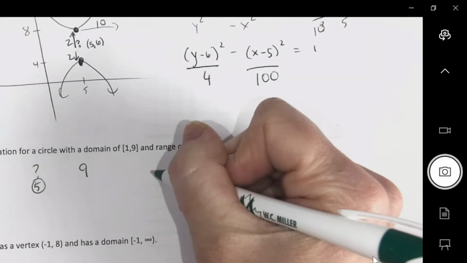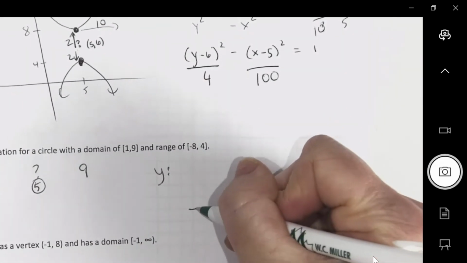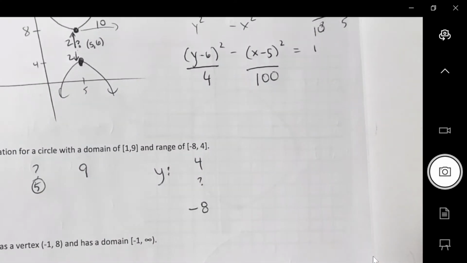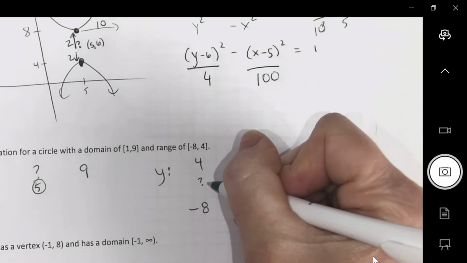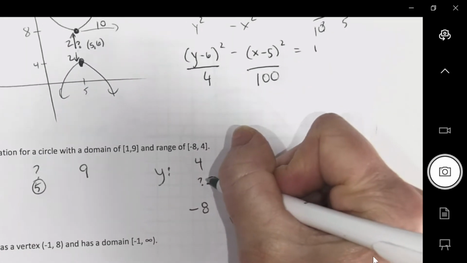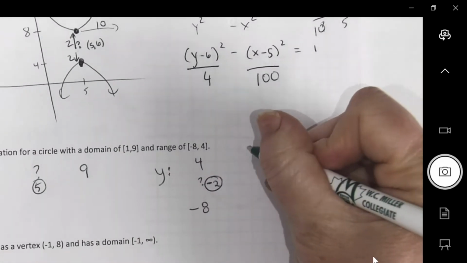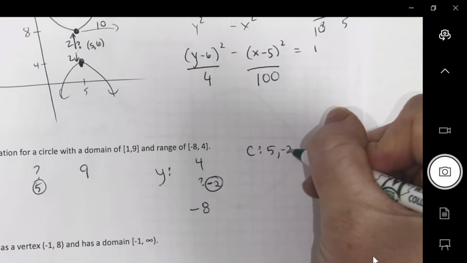And our Y's go from -8 to 4. What's in the middle of that? Did you get a number? -2 is in the middle. So my center is 5, -2.